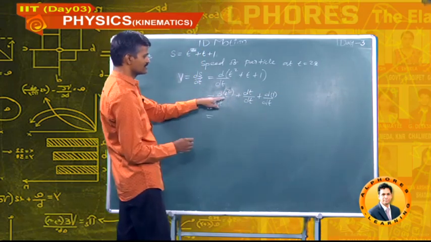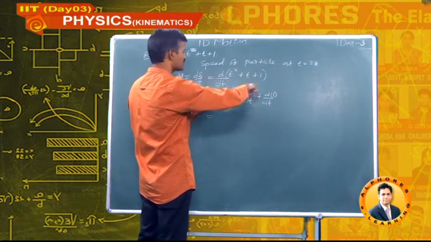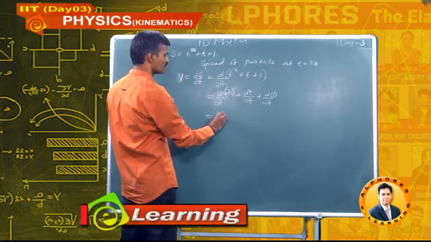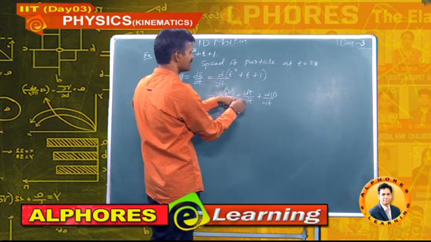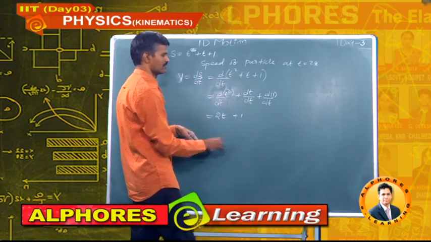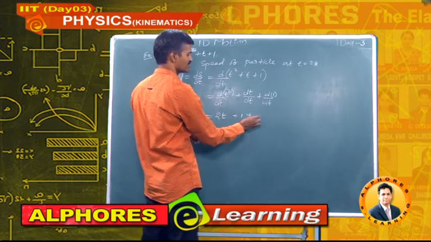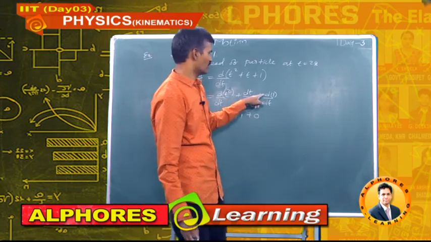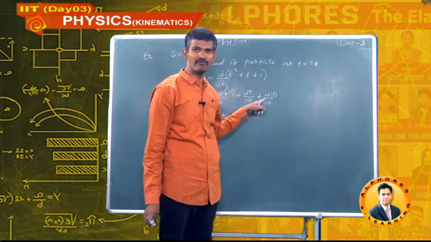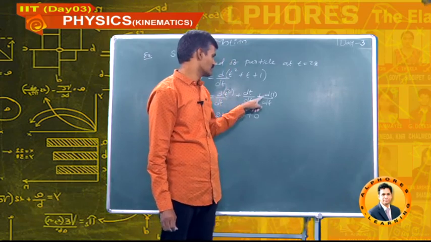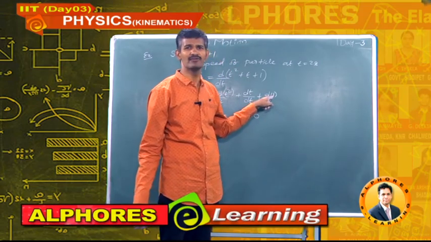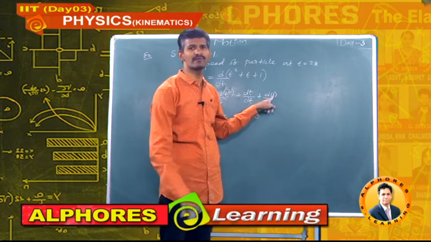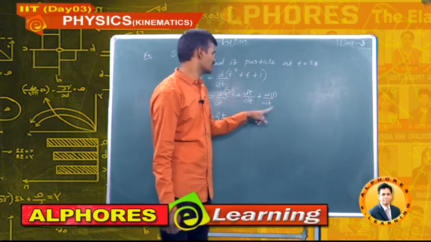Here t square we already solved, so it is 2t, plus dt by dt its value is 1, plus derivative of constant is 0. We have to note this point, derivative of a constant is 0. This constant 1 may be 5, 10, any value, it is a constant, then its derivative will be 0.